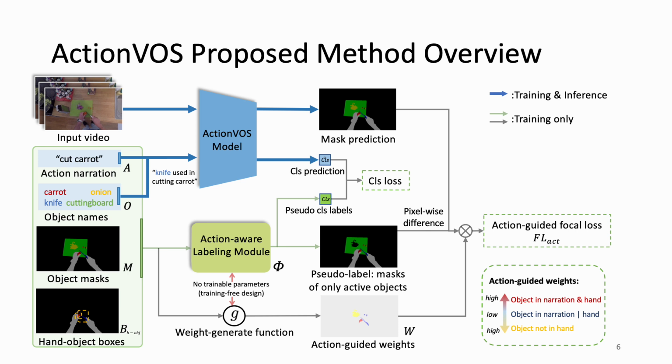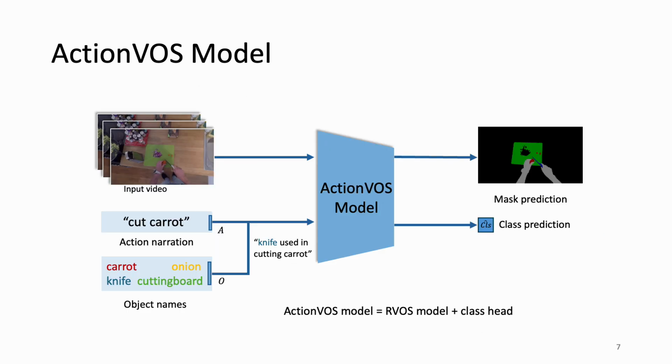We also proposed a method for this ActionVOS task setting. This is the overview of our proposed method. Our goal is to train an ActionVOS model. An ActionVOS model can be viewed as an RVOS model plus an extra classification head.